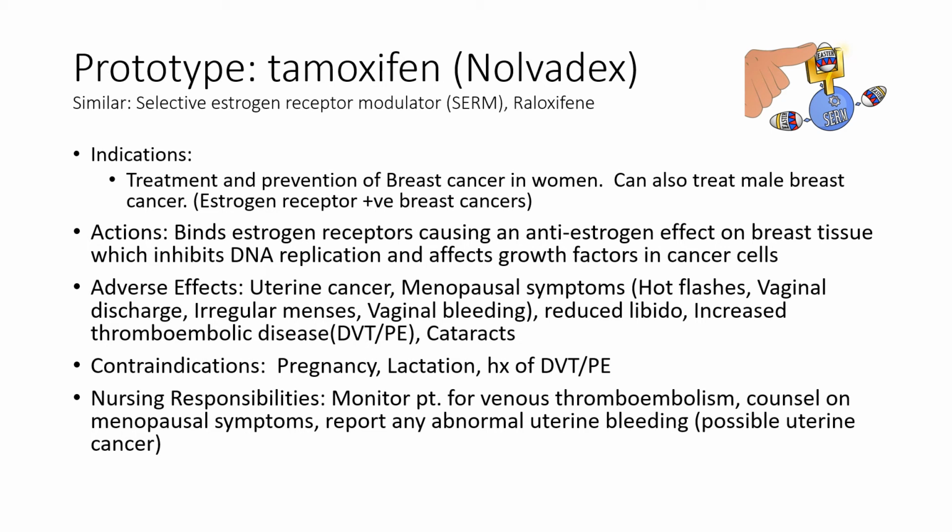Okay, so if we look under these drugs here, the first one is leuprolide. Well, what does leuprolide do? It's a GnRH agonist. So remember, GnRH is the hypothalamic pituitary hormone, a gonadotropin releasing hormone.